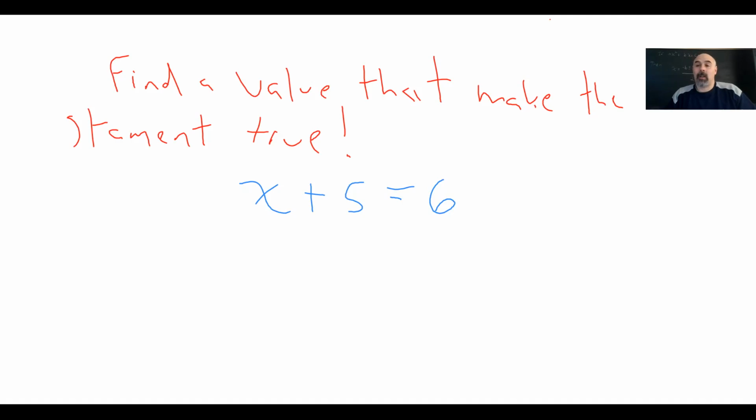So what does x stand for, right? X is a variable. It means that unknown, some value. Well, we don't always write this, but if x equals 1, then that statement would be true.